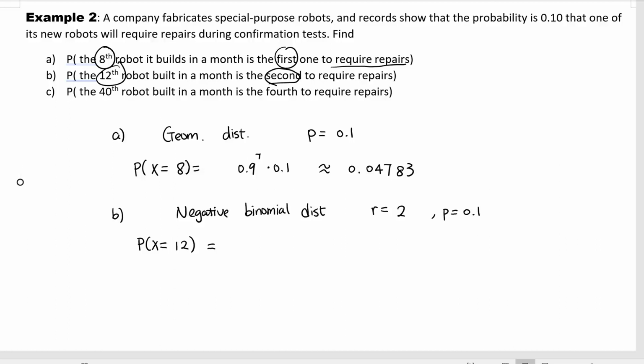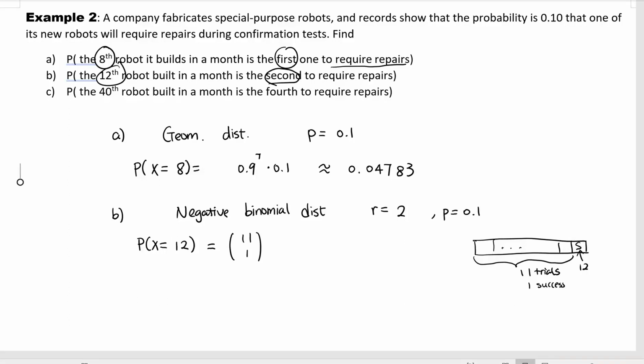Okay. Alright, what's the picture? The last one, the 12th one, is a success. And how many previous trials? So we have 11 trials, and how many successes? The last one is the second success, so we have 1 success.